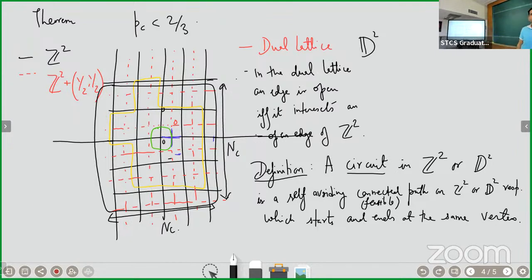There can't be a closed circuit inside. Any closed circuit has to be from the outside. So what is the probability that there exists a closed circuit of any size now? I don't care whether it is more or less.